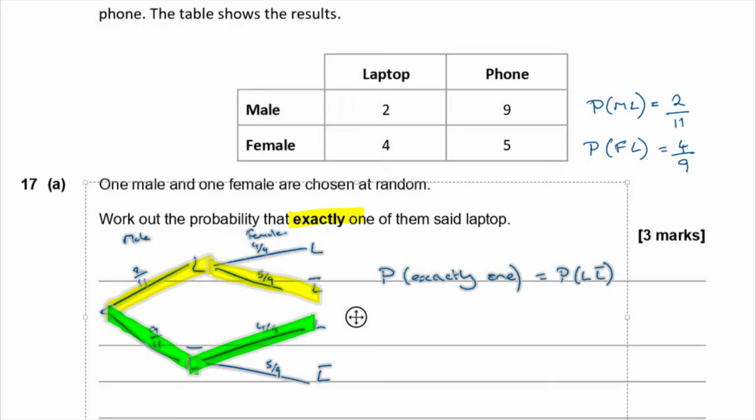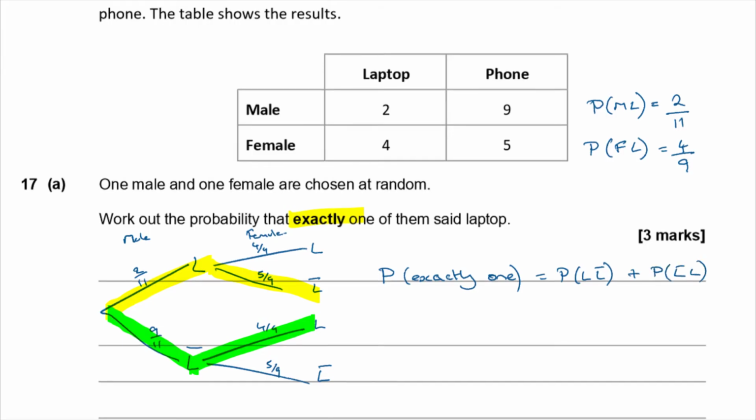Yeah, that fits better. Okay, so the probability of exactly one was probability of laptop for the boy, not laptop for the girl, plus the probability of not laptop, laptop then. Okay, so probability of laptop, not laptop, that's the yellow root.